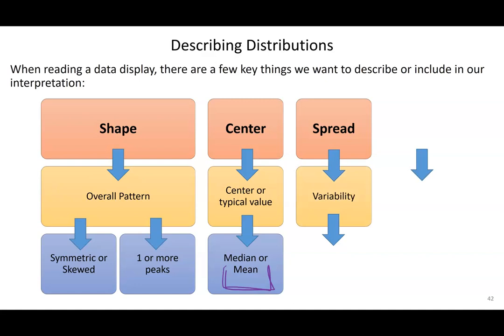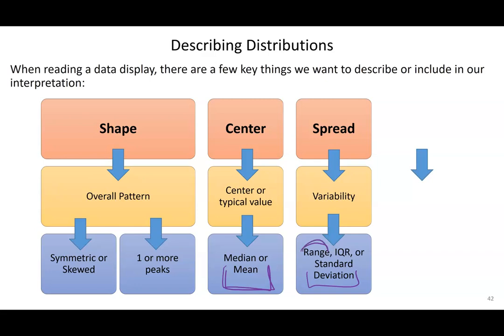So we want to know how much it varies. You can talk about the range, we're going to talk about IQR a couple lessons from now, and the standard deviation. Range is just your max minus your min.